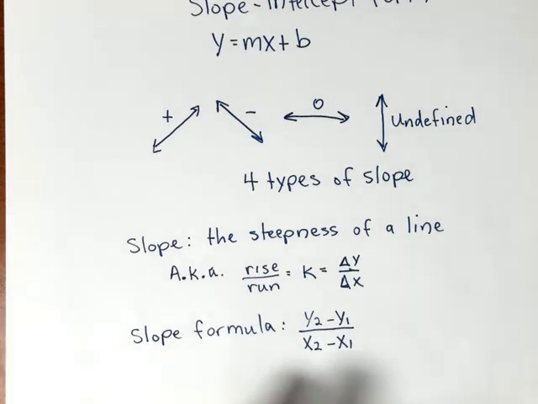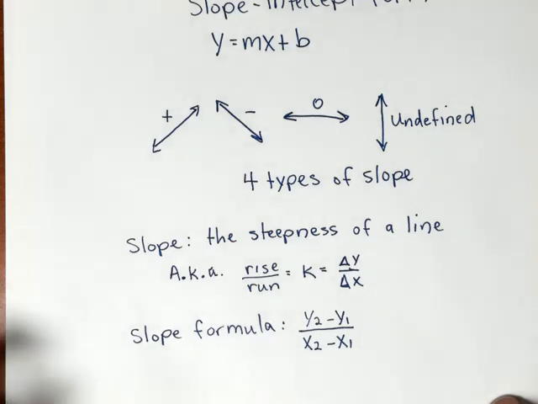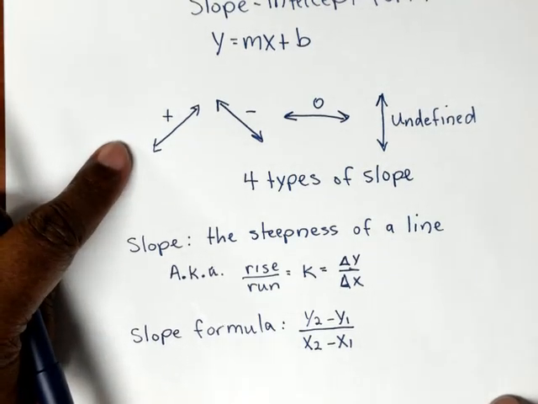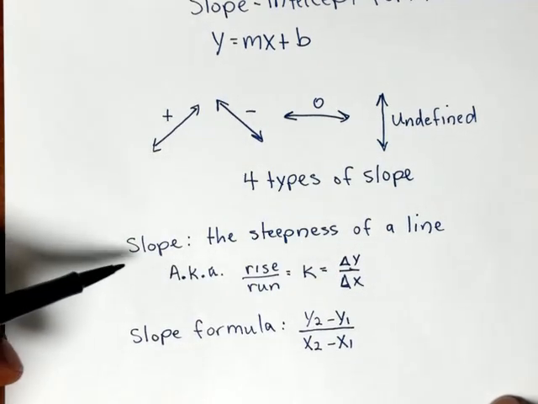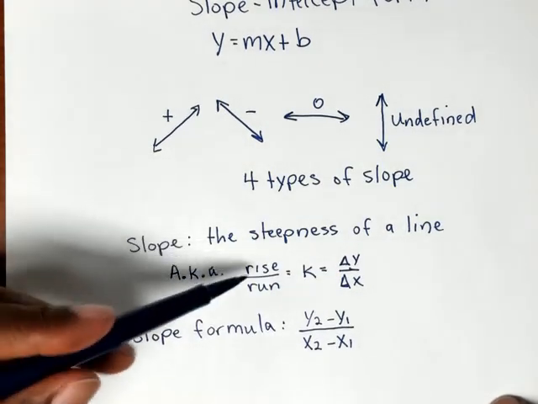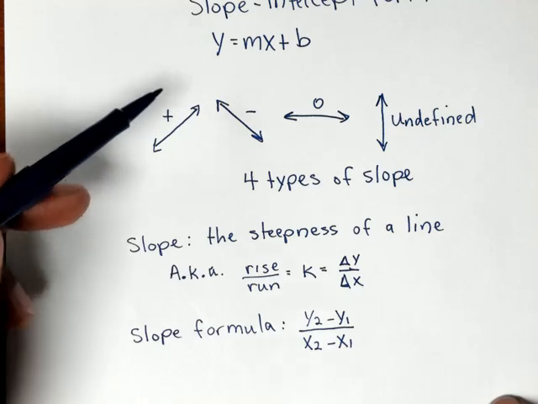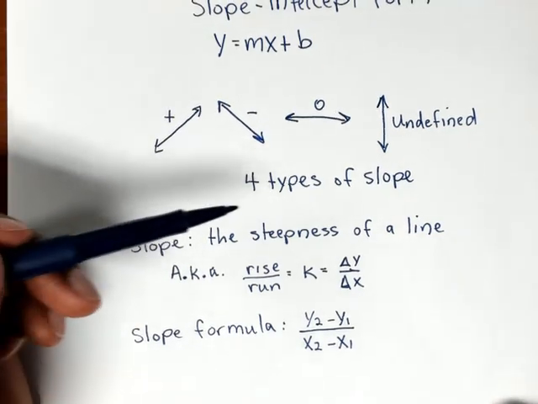So there's the formula for slope. We'll do a couple of examples of how to find that later on. For now, I'm going to give you four types of slope: positive, negative, zero, undefined. Slope is the steepness of a line, so the bigger the slope, the steeper the line, the smaller the slope, the lower the line.